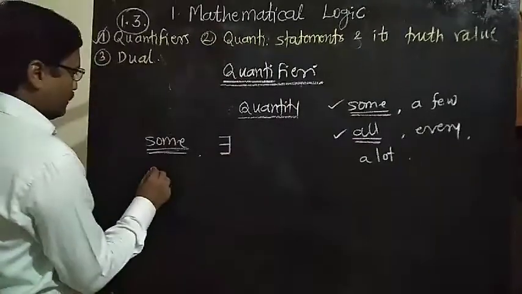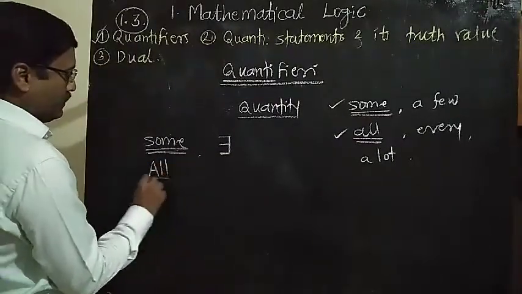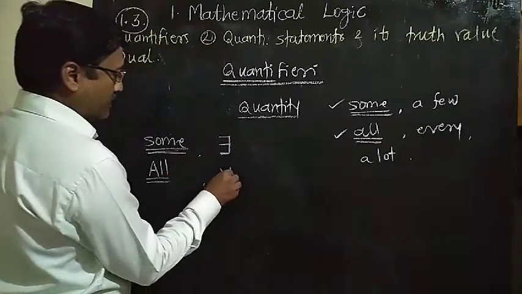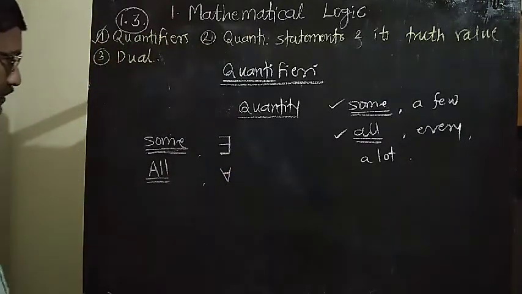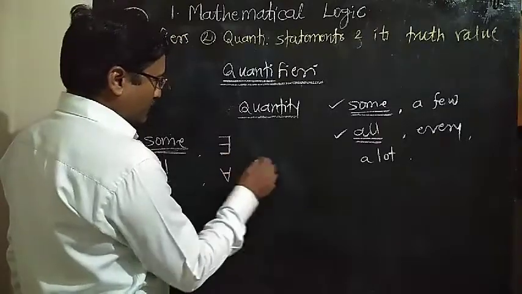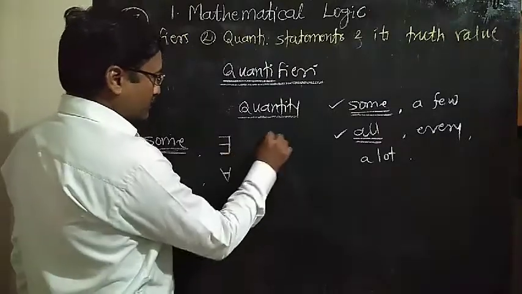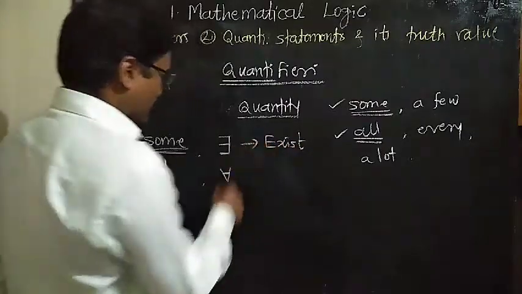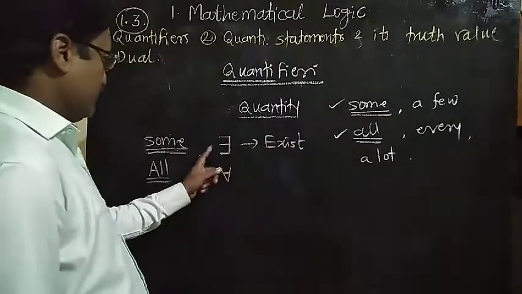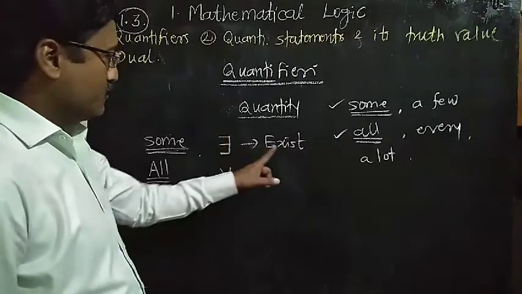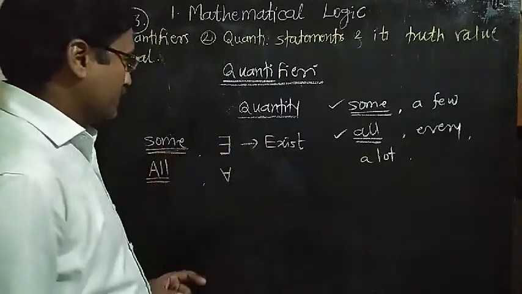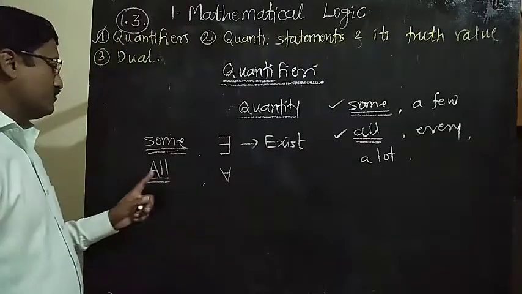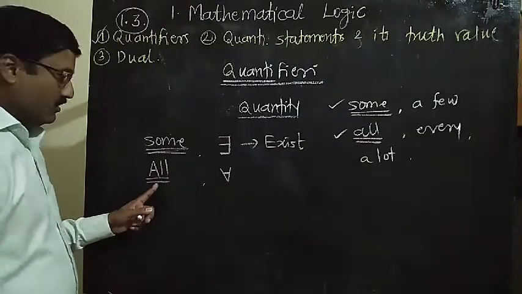The quantifier all is denoted by the inverted A. The symbol backward E came from the word exist, so it is used to represent exist or some elements, and the inverted A is used to represent all.